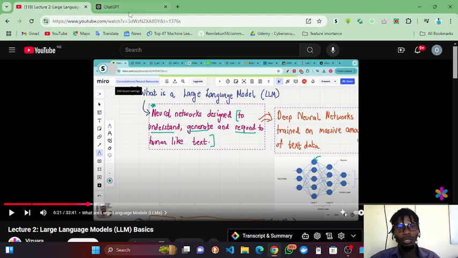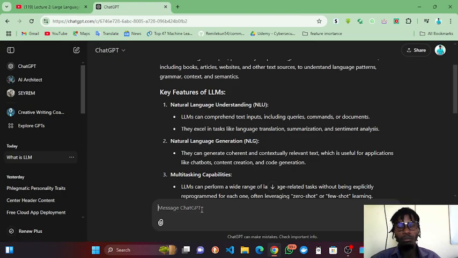But let me also give you a beautiful understanding about neural networks. So let's ask ChatGPT, what exactly is a neural network in AI development?